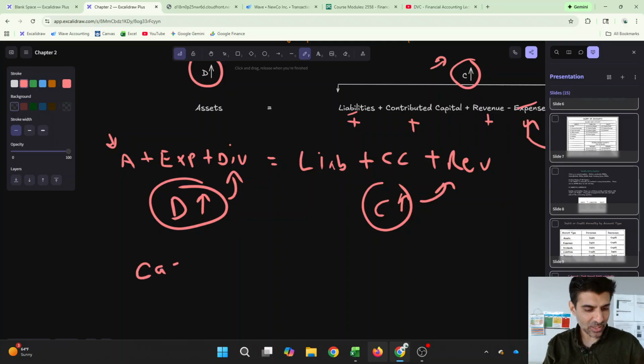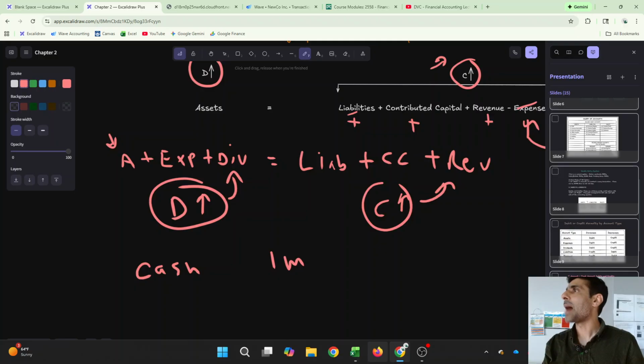So it'd be cash. Let's say it was $1 million. Now what's the second account involved? This is again issuing of common stock. Contributed capital, right? When it comes to contributed capital, is it on the debit side or the credit side? Credit side.